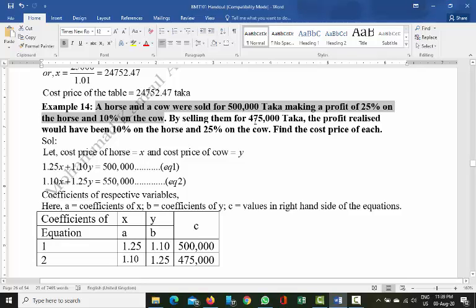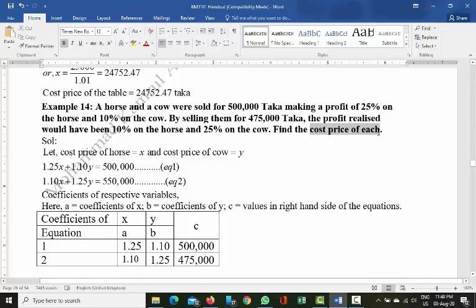By selling them for 475,000 taka, the profit realized would have been 10% on the horse and 25% on the cow.